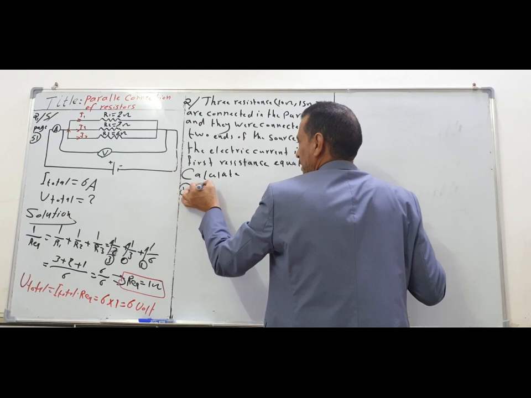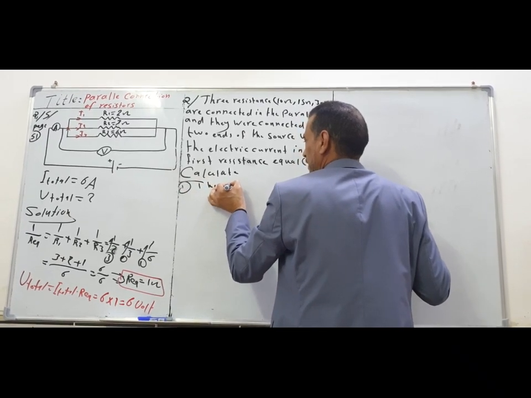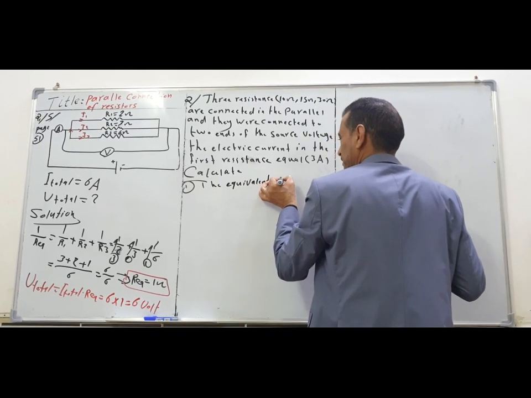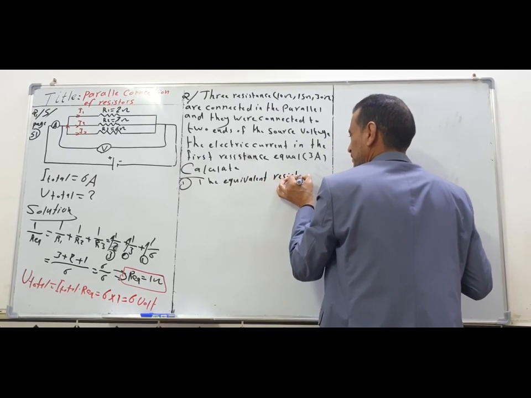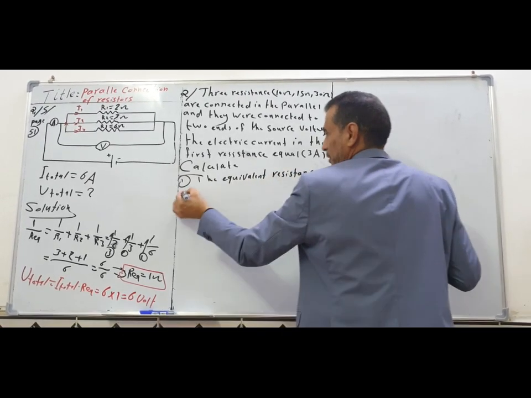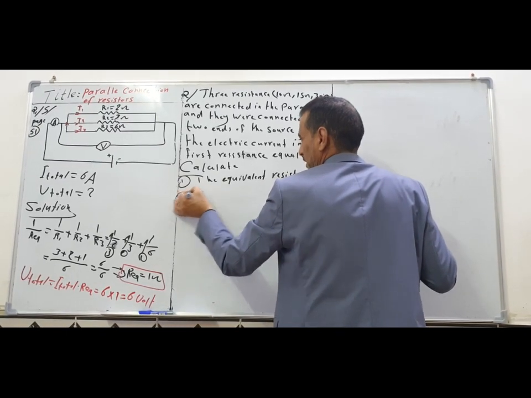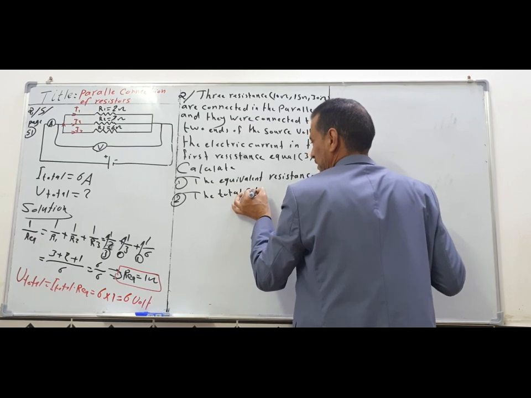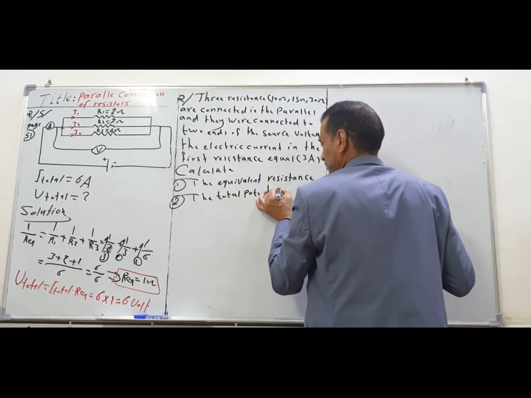Number 1, the equivalent resistance. Number 2, the total potential difference.